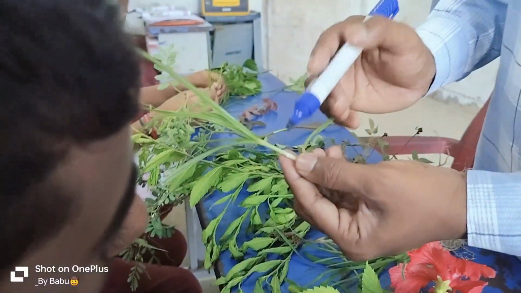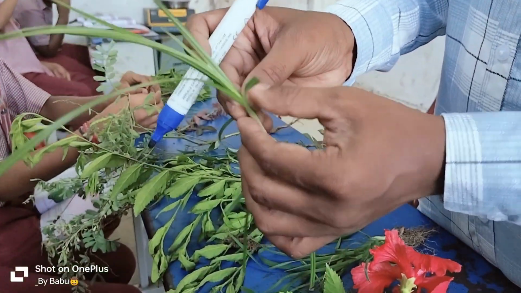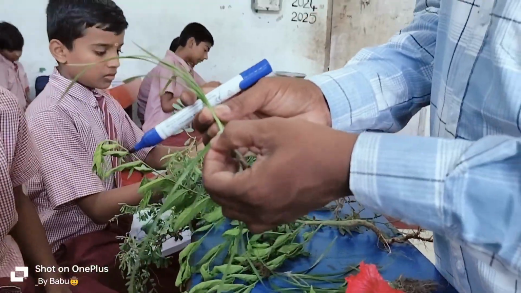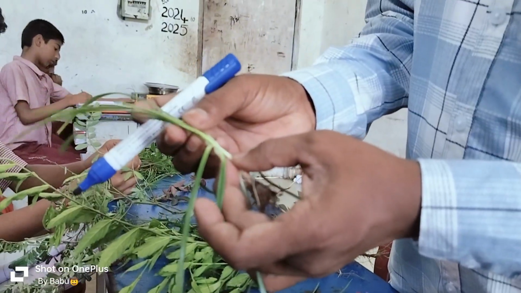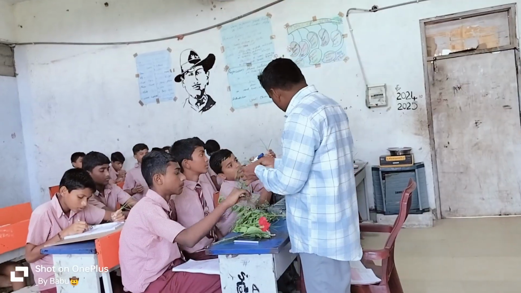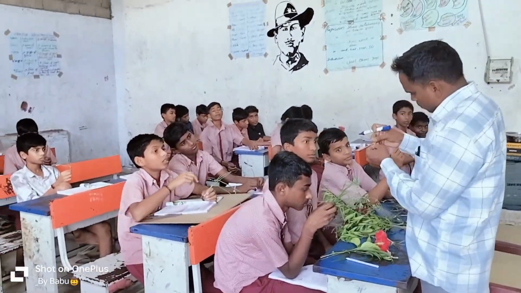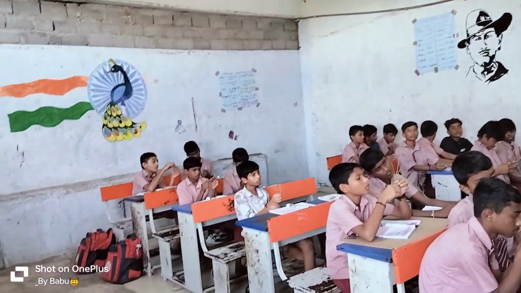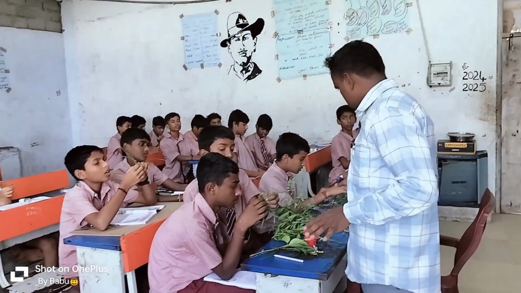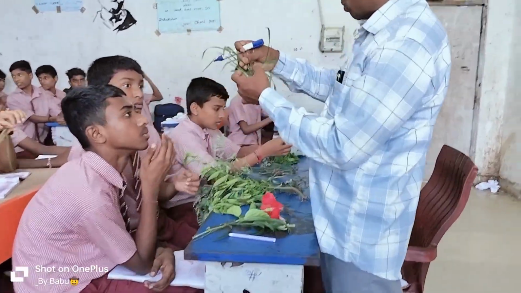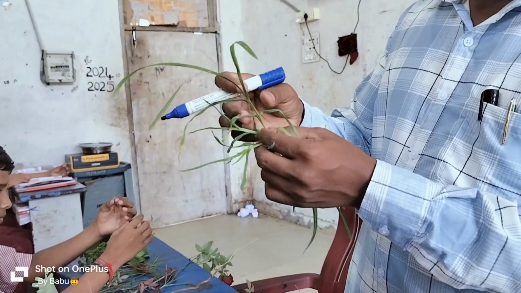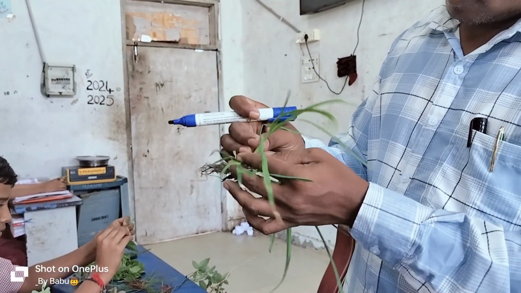Only one node, but some grass plants which are spread may have more.